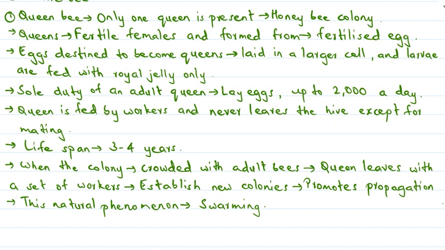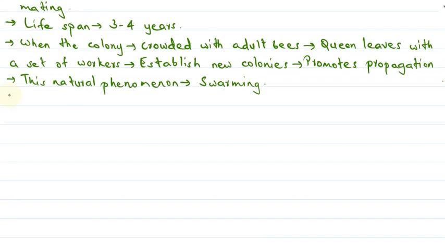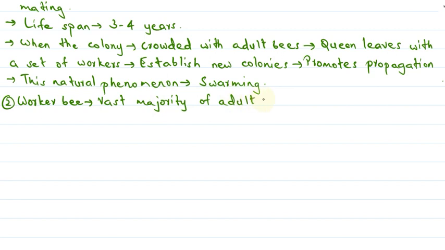Okay, now let's talk about the worker bee. We will be talking about worker bee now. So what happens? The vast majority of adult honeybees in any colony are female worker bees. So they are the vast majority of adult honeybees in any colony, and they are what?